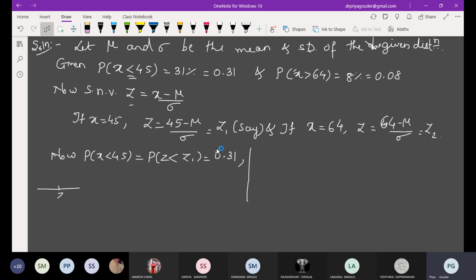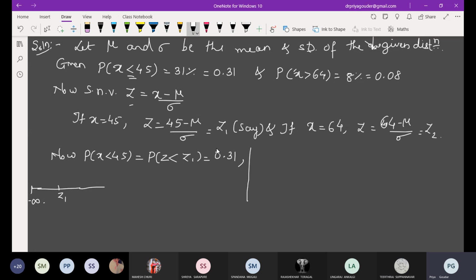So there is something like a Z1 on the line. Z less than Z1 means I want before Z1 or after Z1? Before, till minus infinity. All of you agree?